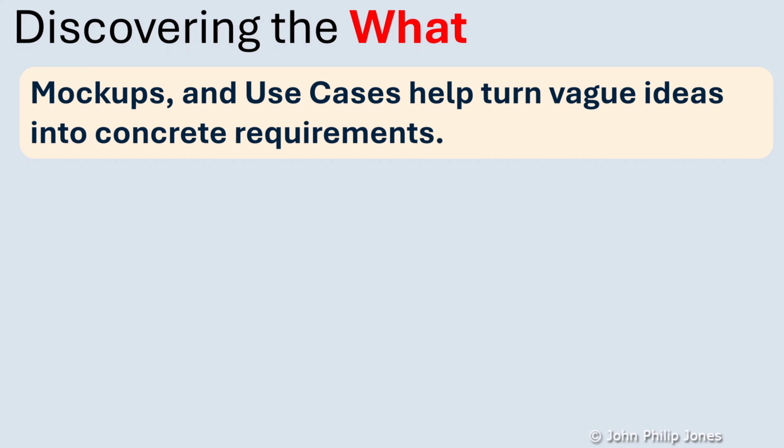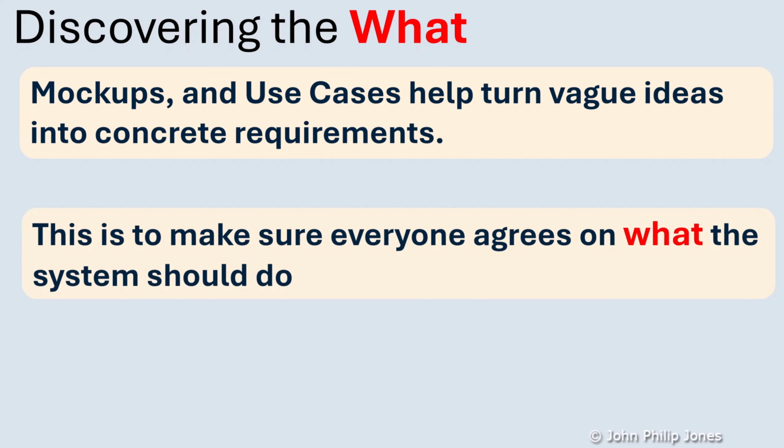Use cases and the diagrams that support use cases are an excellent way of allowing effective communication between the stakeholders and the analysts, and we'll be looking at use cases later in this playlist. The move into concrete requirements is to make sure everyone agrees on what the system should do.